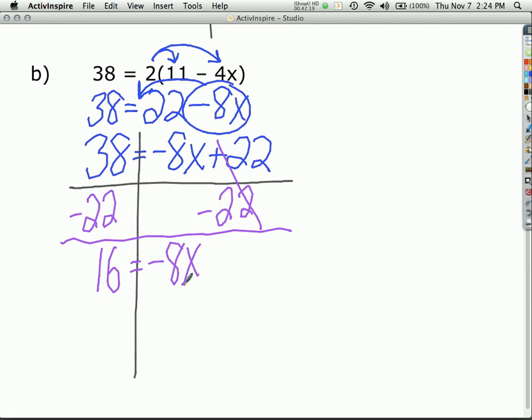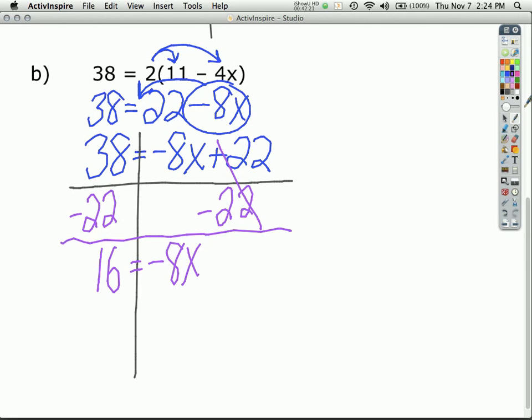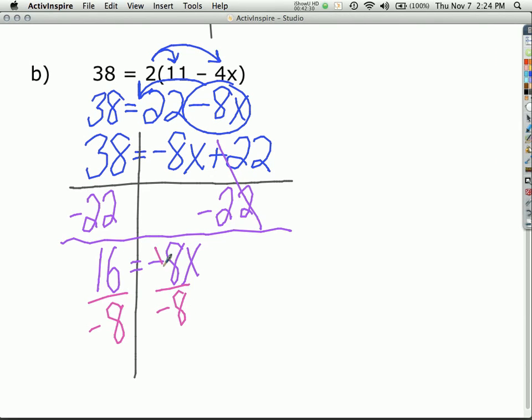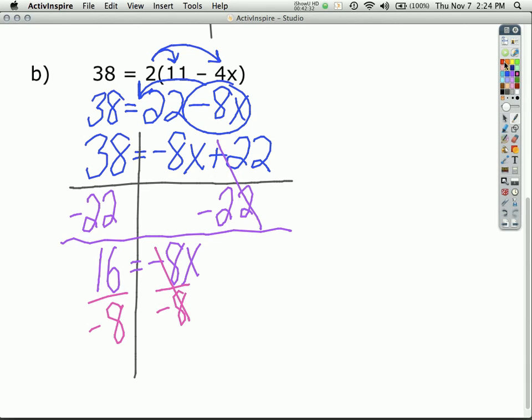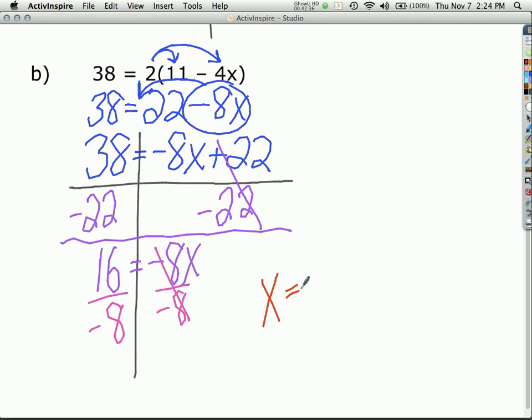What's the second step, Sebastian? Divide both sides by -8. That disappears, and we're left with x equals what? Alex? -2.